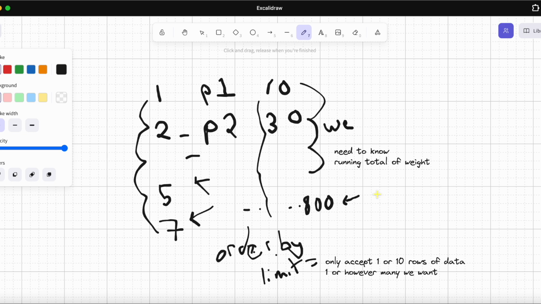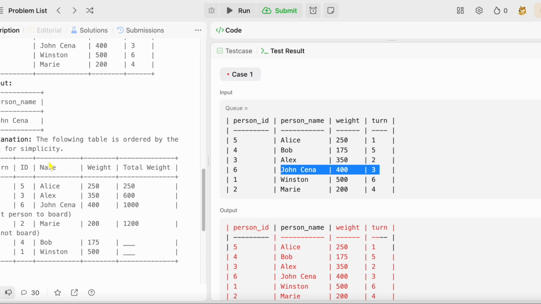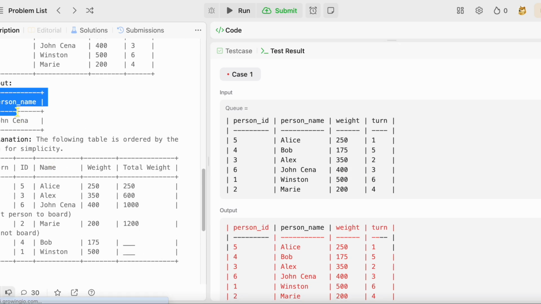You're going to see it when the code comes out. So then we're going to be able to order descending, so we can pick off the highest number, and we can limit it to just one result, because our final answer has to be just one person's name, right? Our final answer has to look something like this.